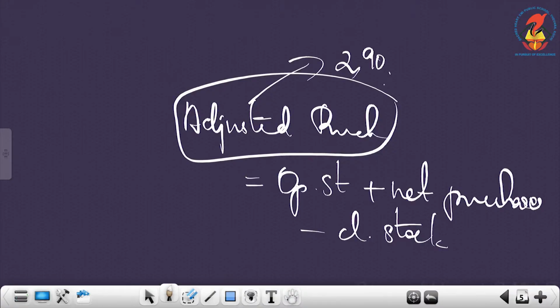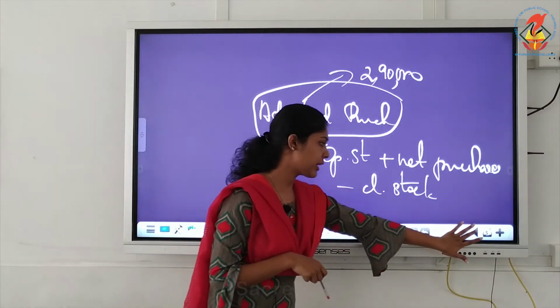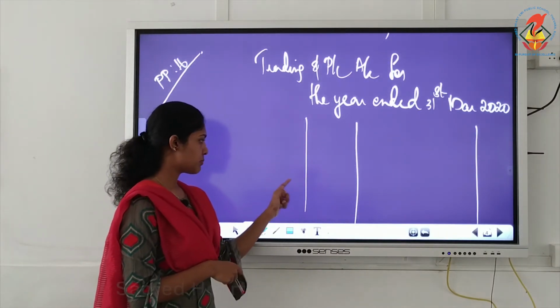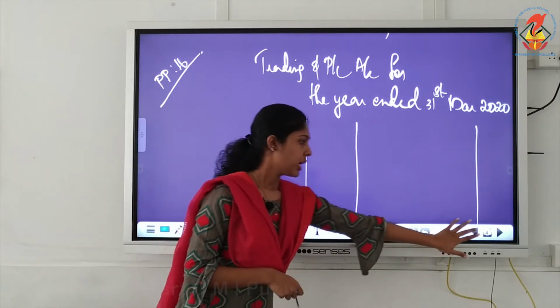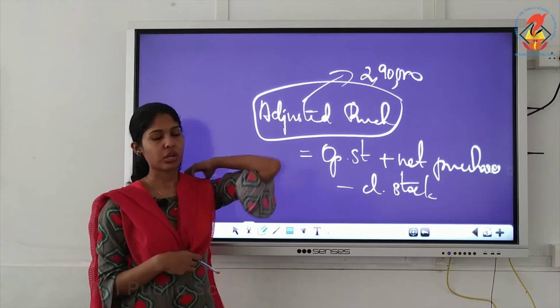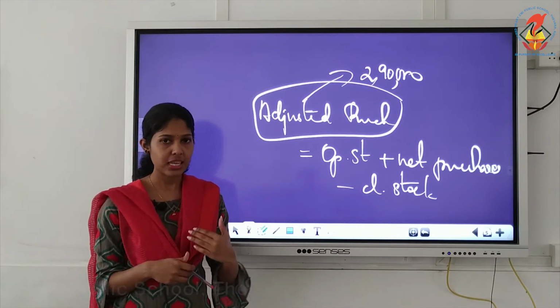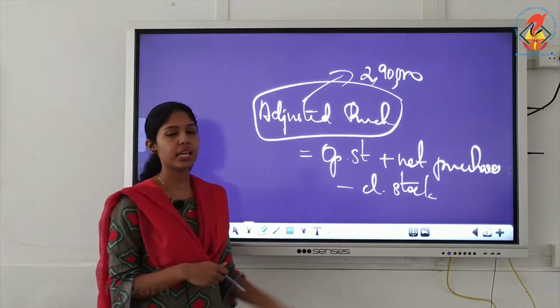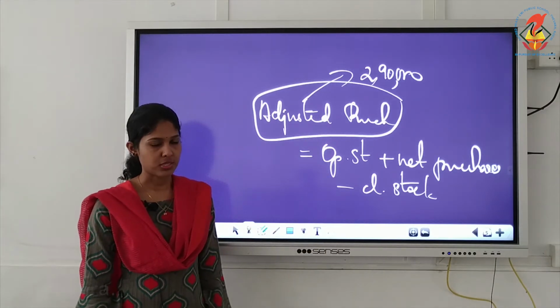2,90,000. If you have adjusted purchases 2,90,000, so when you do the trading account, what you have to write on the debit side is To adjusted purchases 2,90,000. If you are writing like this, should we write opening stock on the debit side again? No, because already it is included in this adjusted purchases.